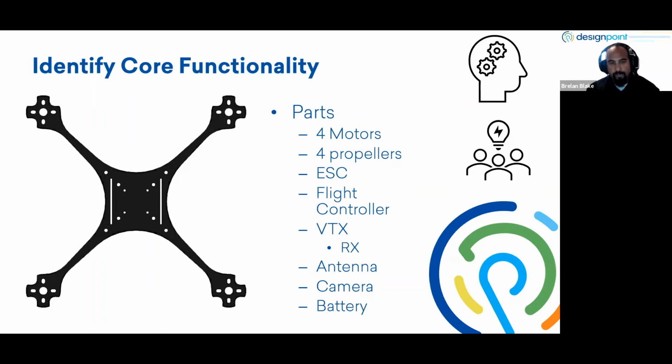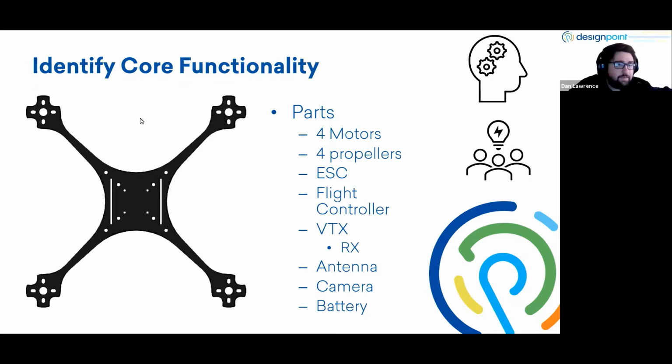That's going to control our motors. For the flight controller, we want to use different sizes, so we had to keep that in mind, as well as the VTX for our camera, and then also the RX, the actual receiver for the quadcopter. We incorporated a neat antenna design, which we can go over a little bit later. We also had to keep in mind the placement of our camera and the battery for this quadcopter, which was actually mounted underneath.